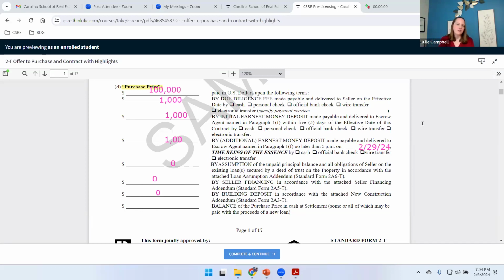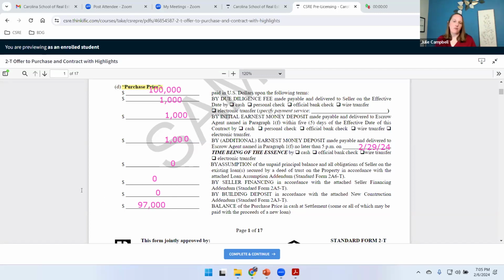So what we have here is an agreement for the buyer to pay the seller $100,000. 1,000 of that's going to go towards the due diligence fee. 1,000 is going to go towards earnest money. 1,000, that should be another zero there, is going to go towards additional earnest money. So then the last line here is the balance due.